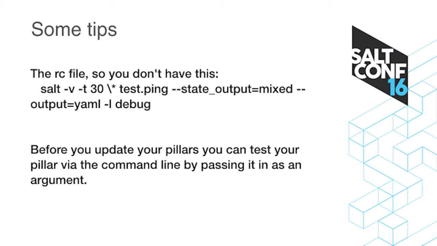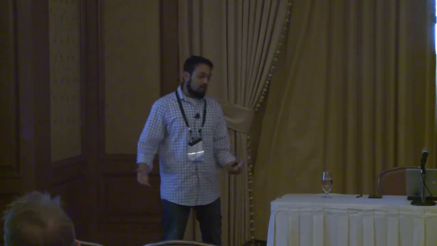You can also test your pillar data directly on the command line. If you're thinking, hey, I'd like to try this new structure for my pillar data, you can pass it in as an argument on your Salt command line, and then it'll pick up that data, and you can test there without actually having to write all of the pieces, if you're doing any pillar migrations or pillar changing.